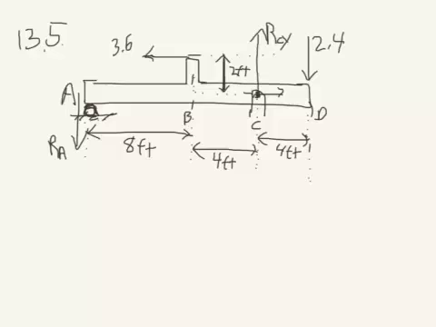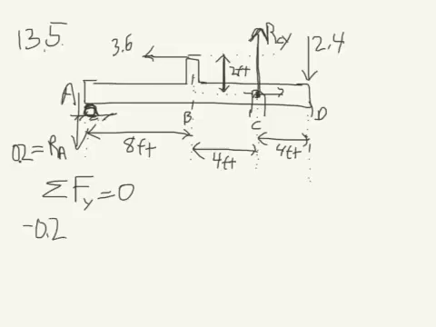Now to find RCY, we can say that the sum of all vertical forces equals 0. Let's start from the left, looking at our force on the left here. We just figured out that was 0.2, right? And since it's downward, let's call it negative 0.2.